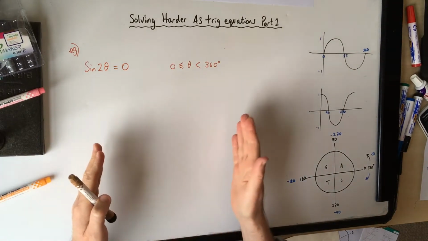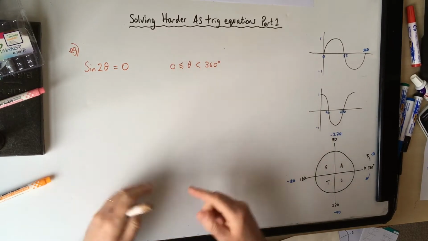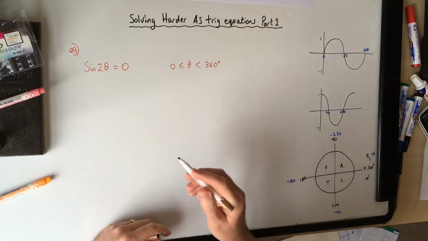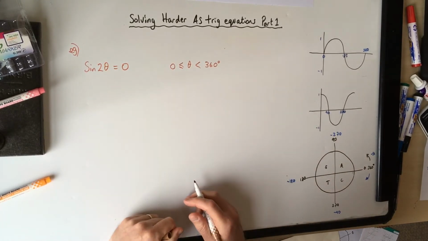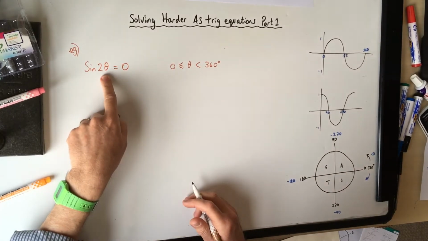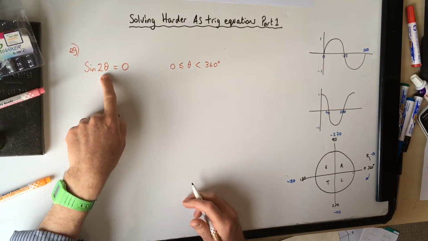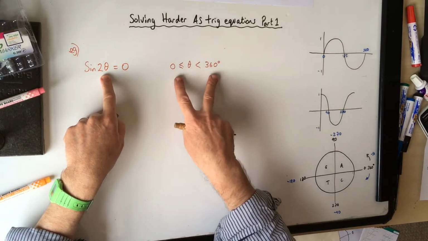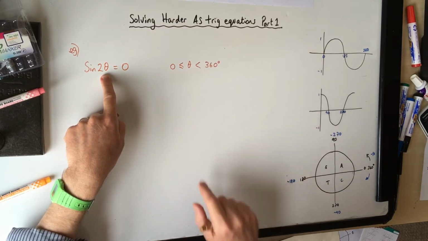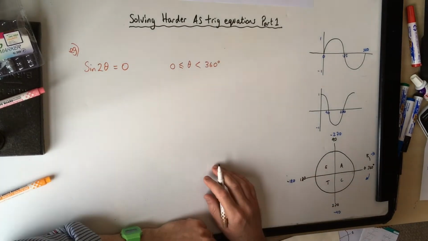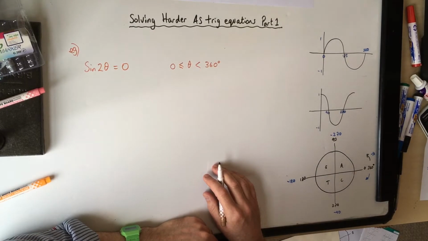Between 0 and 360, we're going to get twice as many values, because the wave happens twice as many times. So when I see 2 theta, I work out the values for double this range, so I do 0 to 720. You'll see what I mean in a second.